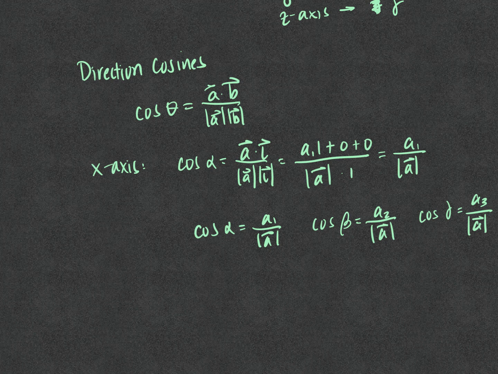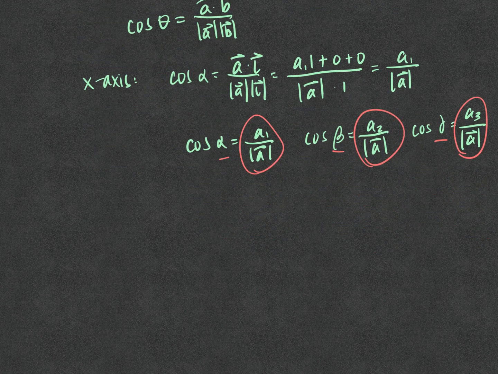They give you the angle between the axis in question and the vector that you have. Really, truly, these values are the components of the unit vector in the direction of A. So you would see that to be true. But I think the homework explains it well because you're going to find the direction cosines, which are these values, and you're going to find the direction angles and find alpha, beta, and gamma by using inverse cosine.